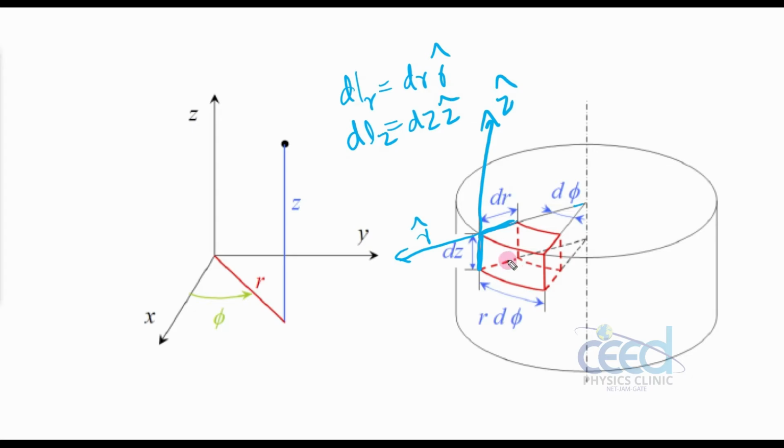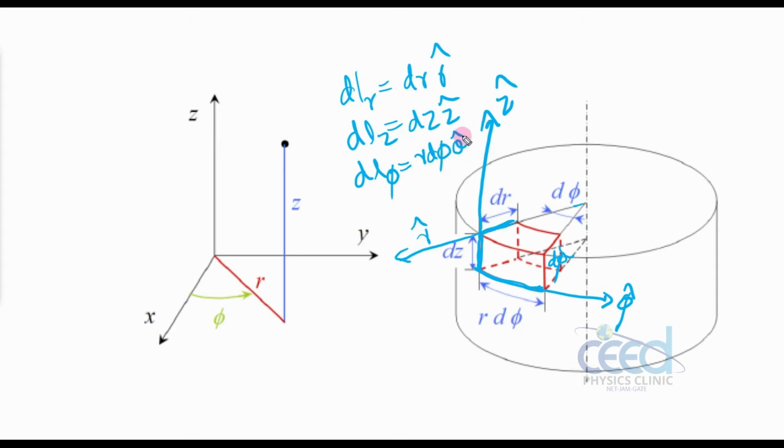In the direction of d phi, we have the length r d phi, along phi cap, so dl phi is equal to r d phi phi cap.